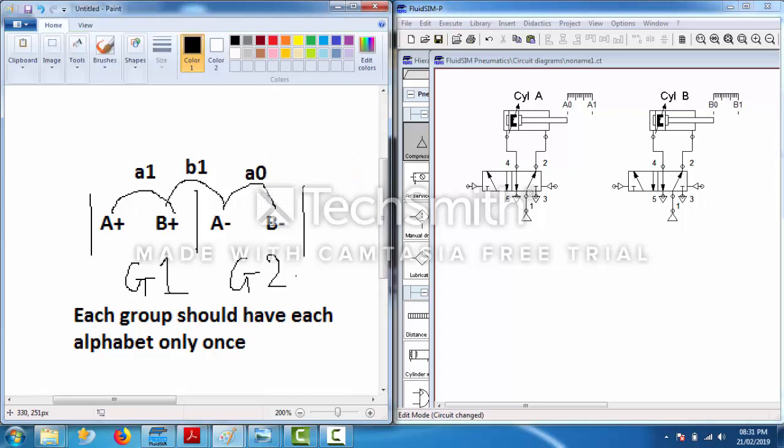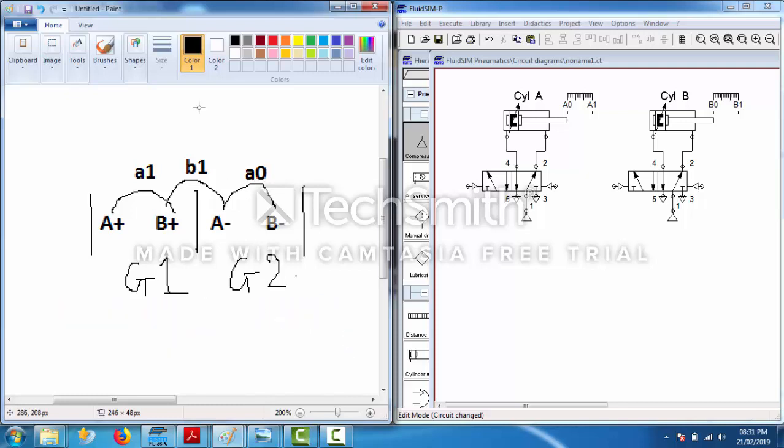Similarly, as you might have guessed, how will A plus know that it has to start moving again? So again, if this cycle has to continue, after B minus, A plus should start again, right? But how will A plus know that it has to start all over again?